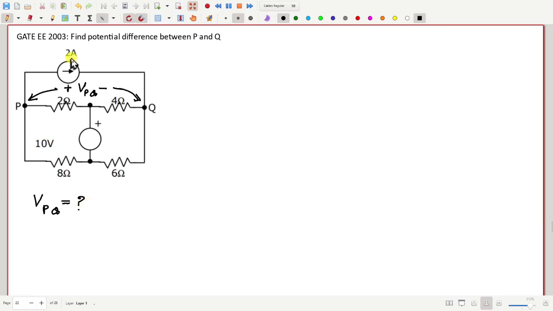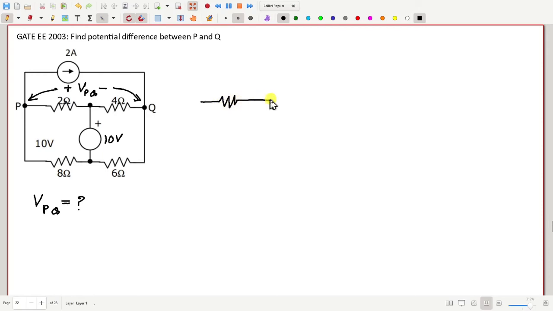We have two sources, one current source of 2 ampere and this 10 volt voltage source. How do you propose this should be easy to solve? We can use superposition. Very good idea. So let us use superposition.